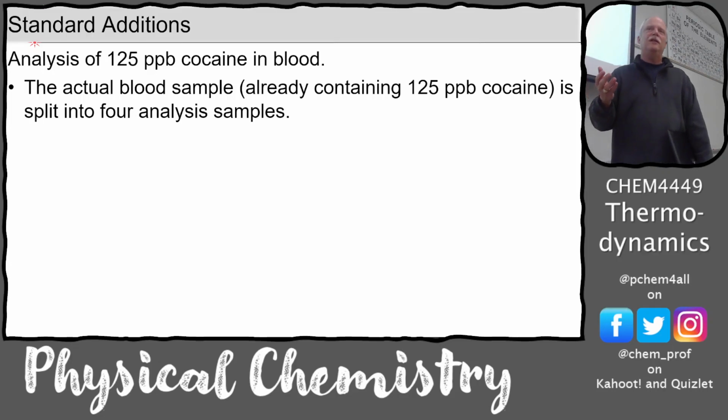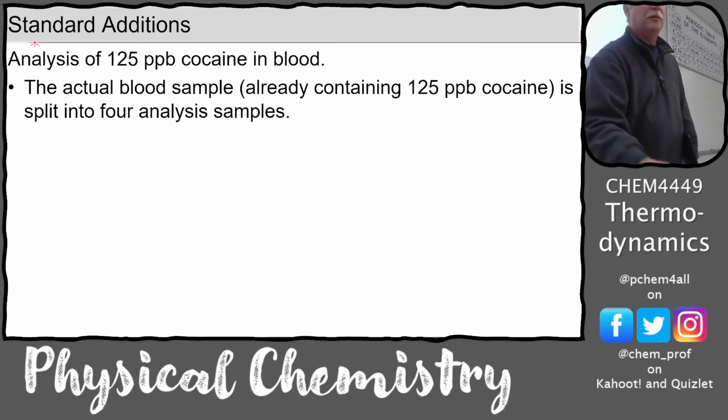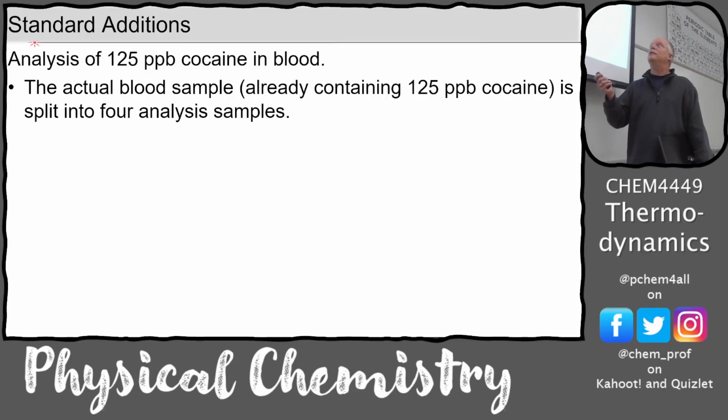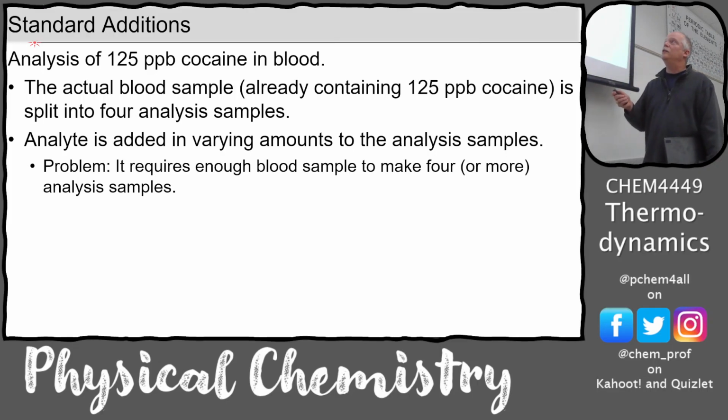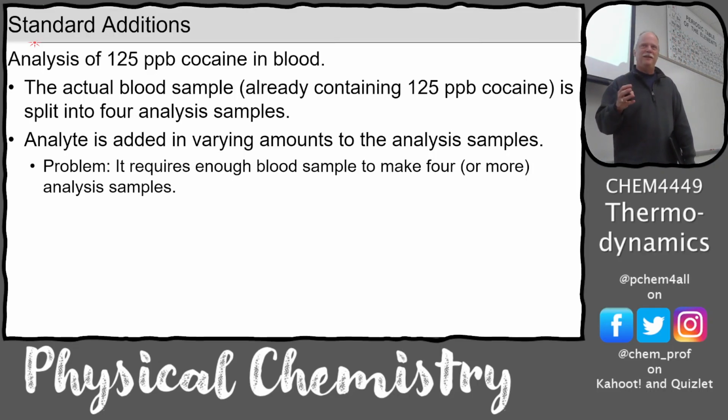So you can get down to really small volumes, but that's the problem with standard additions: you have to take your actual sample and split it into parts. And then for each of those parts, you add the analyte in varying amounts to the analysis sample. So this is a difficult thing to defend sometimes because you took my client's blood and you added cocaine to it.